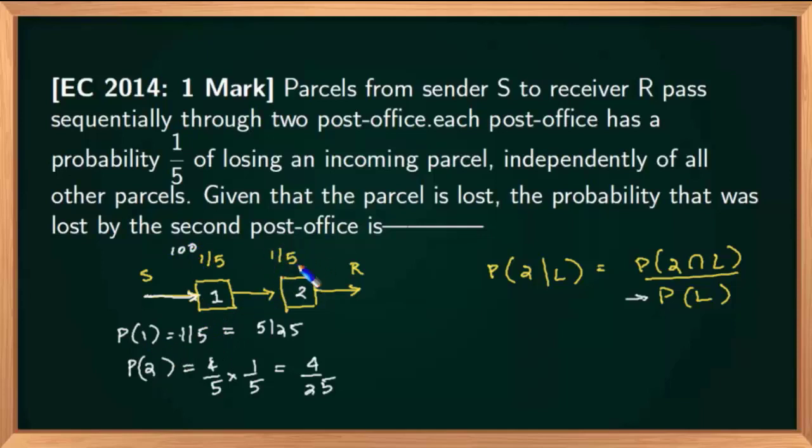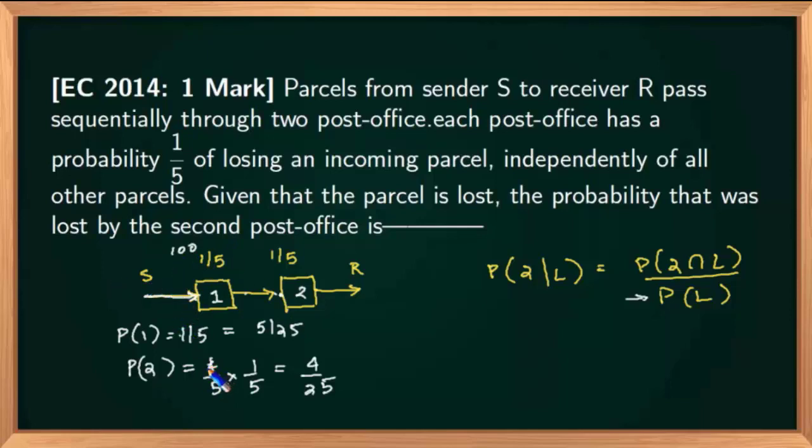So this 1/5 all of a sudden becomes irrelevant. What counts is the number of parcels I get here, and based on that, a part of those, 1/5, will be lost. So what I receive here is directly related to 1 minus this value.